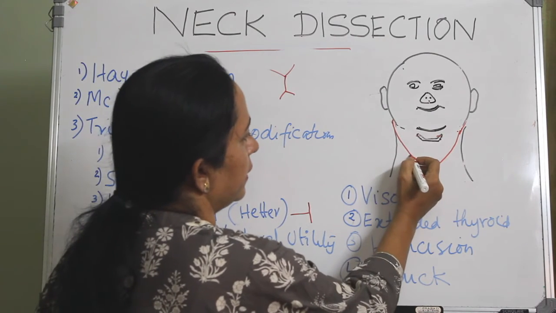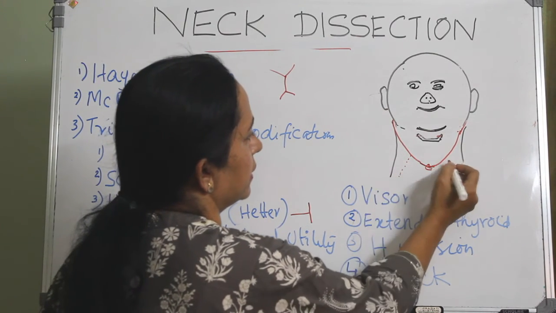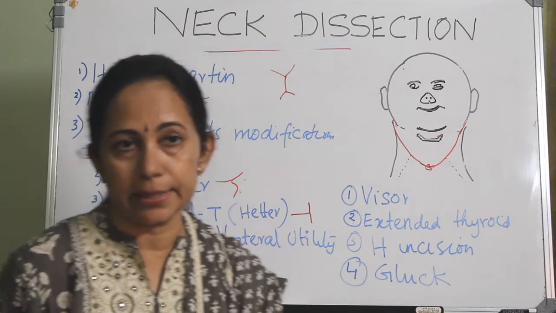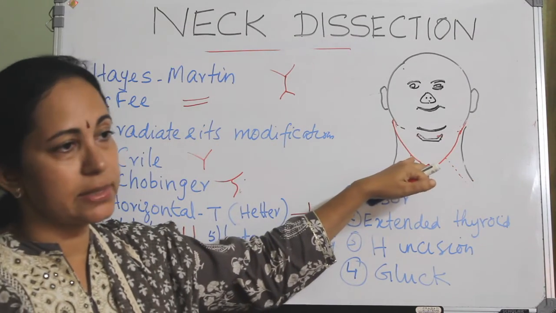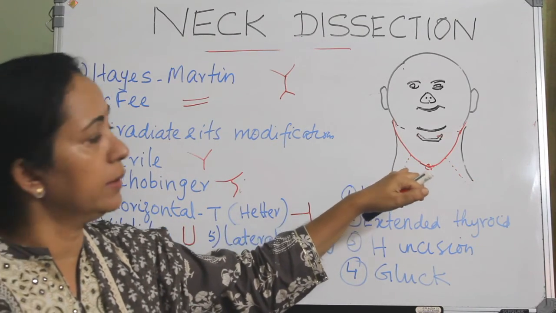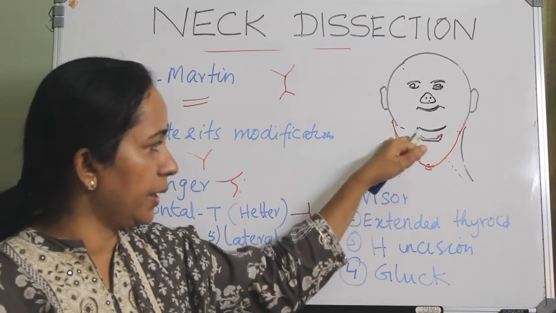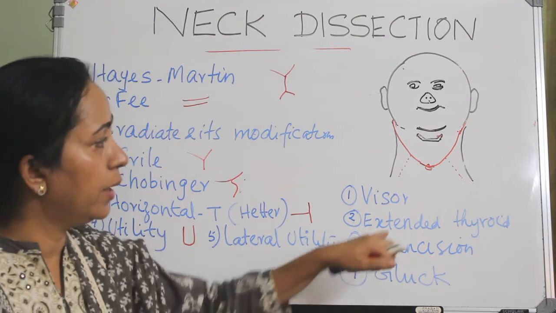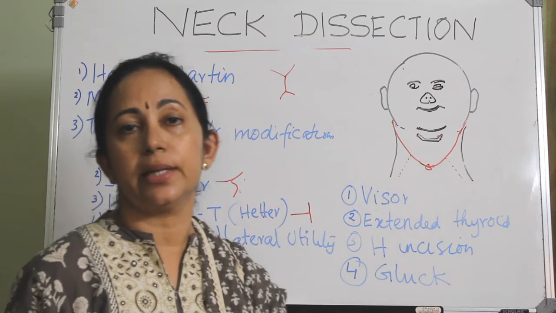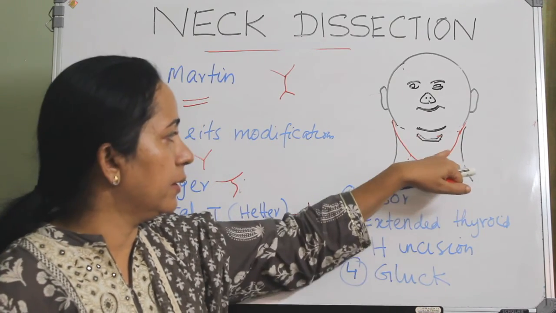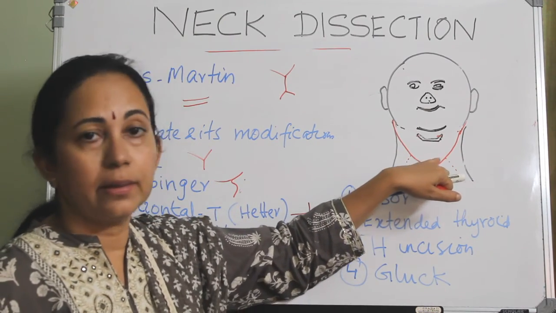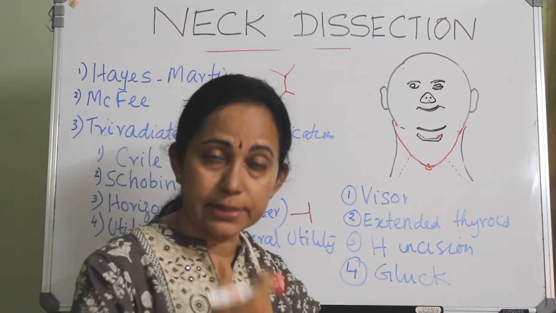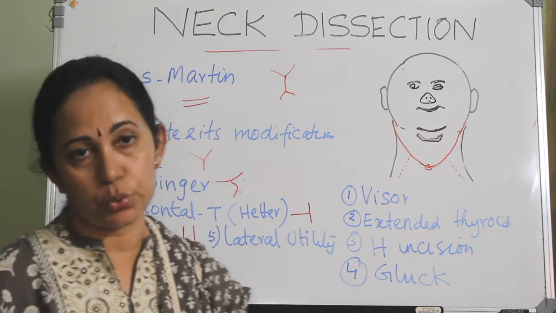And if we want a posterior extension, the posterolateral vertical limb can be extended. In some cases, to improve the cosmetic appeal, this vertical limb can be avoided, and as such the apron flap can be extended postero-inferiorly also. And if you are doing a total laryngectomy along with this, the midline extent can be extended down to include the tracheostoma.